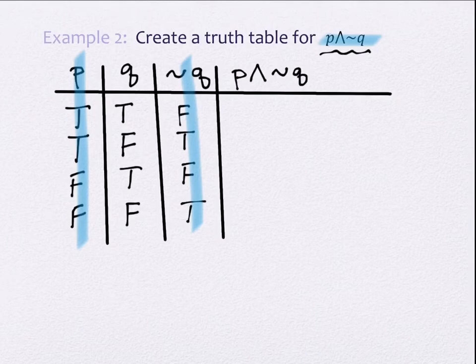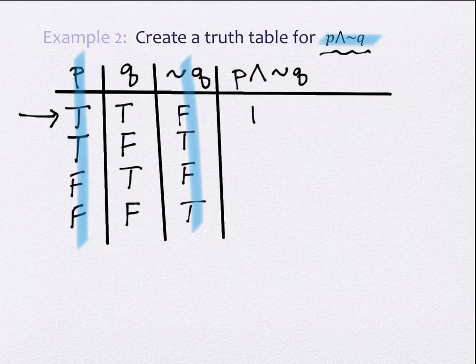Now, when is an AND statement true? If both statements are true, right? So on the first row, I have, right here, true in the first column, and I have false in the second blue column. So when I combine a true and a false statement together with the word AND, will it be true or will it be false?